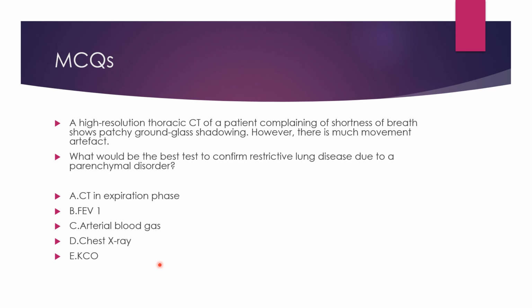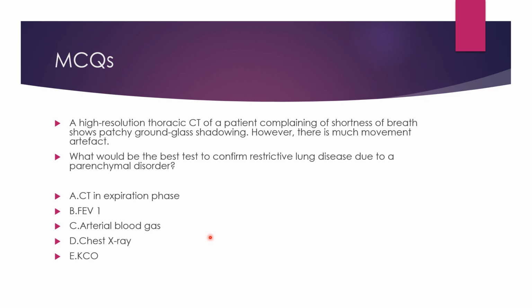But in restrictive lung diseases related to the pleura, chest wall, or neuromuscular apparatus, there will be increased KCO with a normal or reduced TLCO. That is the main exception regarding KCO that I have told in the previous video. Just go back and have a look. That will make it easier for you to answer these types of questions, because they will confuse you.